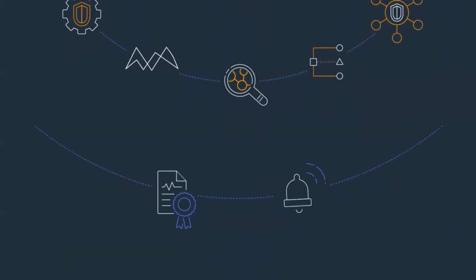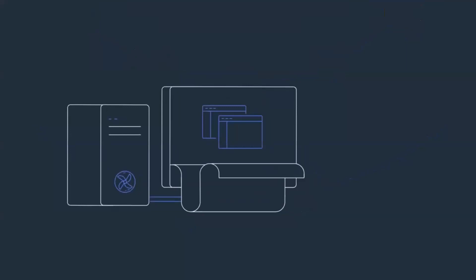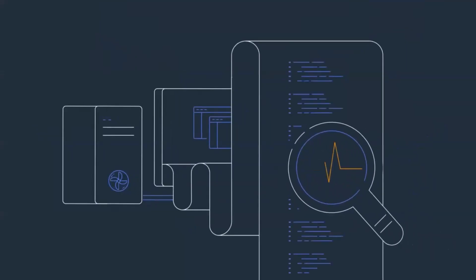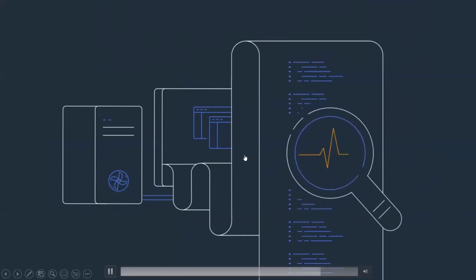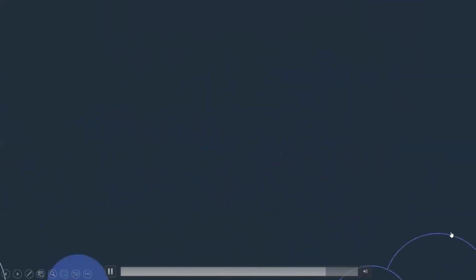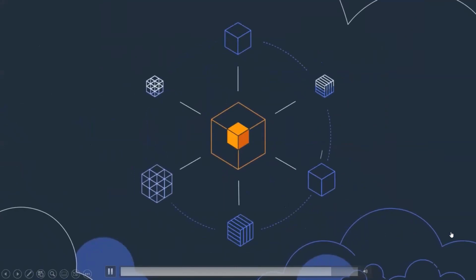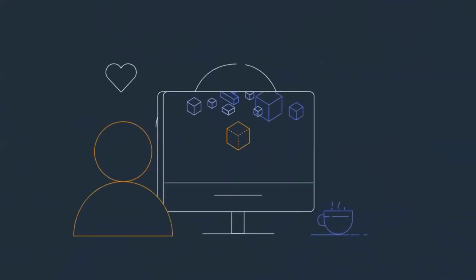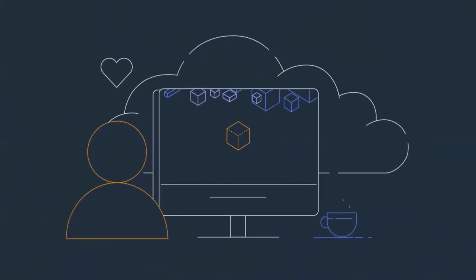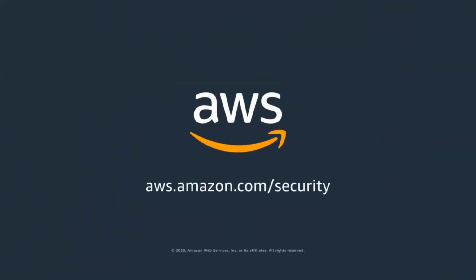You can even use Windows events, Linux syslogs, and other application-specific log generation. These are just a few ways AWS is partnering with you to enable strong incident response. To learn more, go to aws.amazon.com/security.